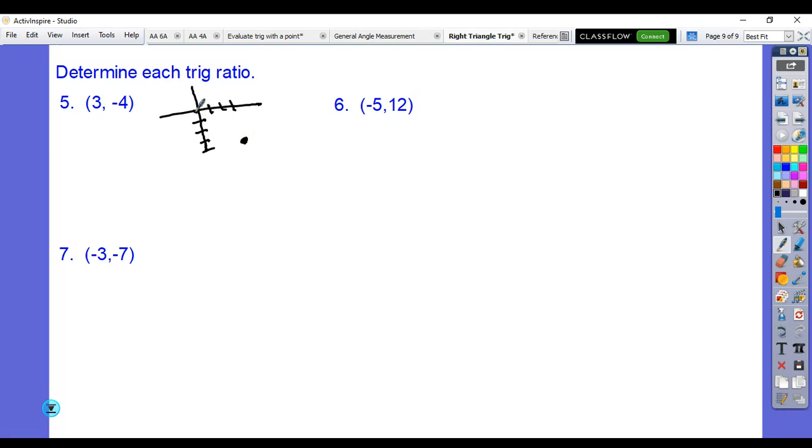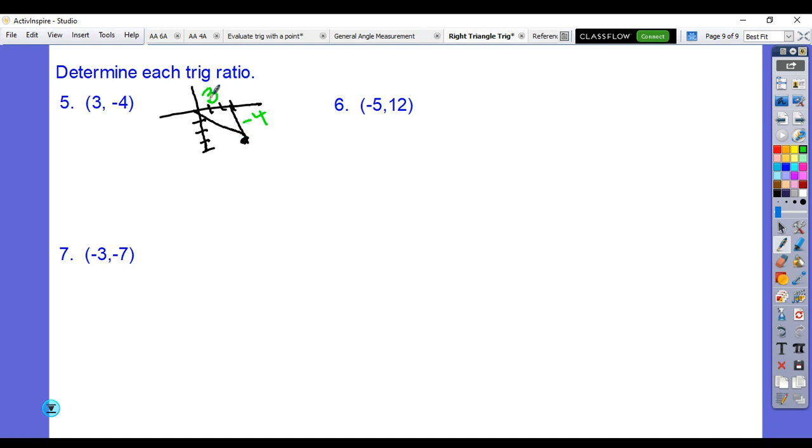You always connect it to the origin and to the x-axis. So the x is 3, and y is -4.